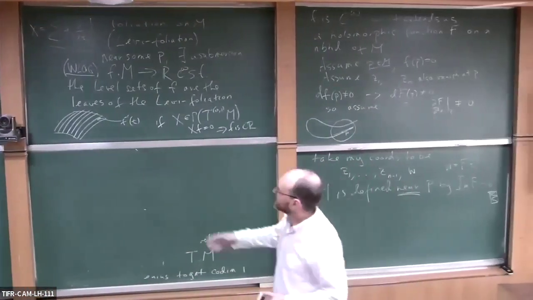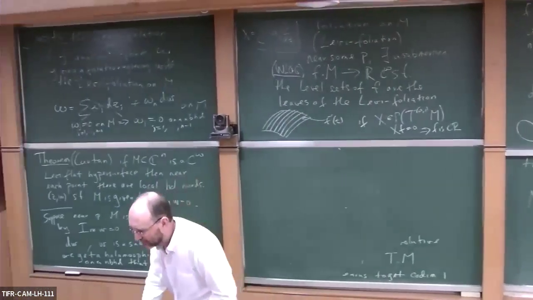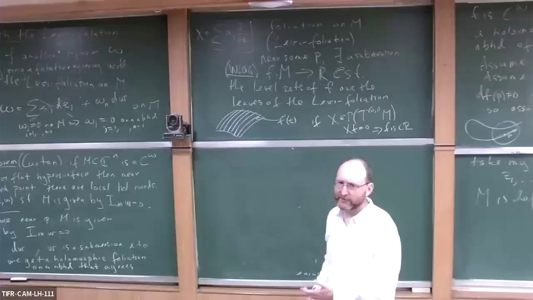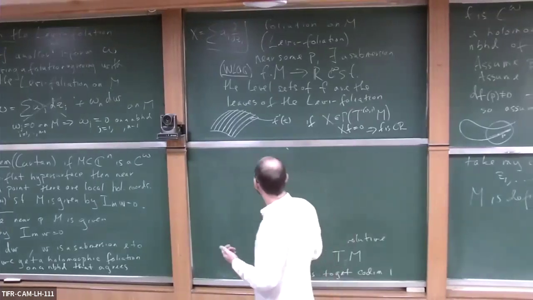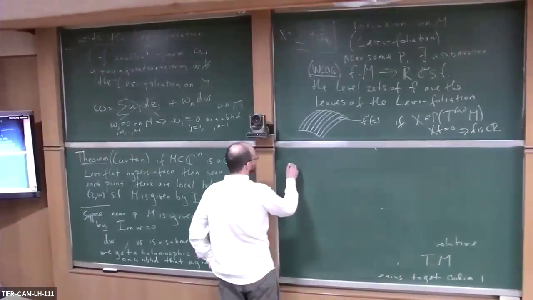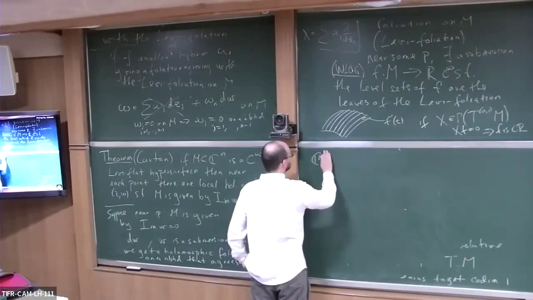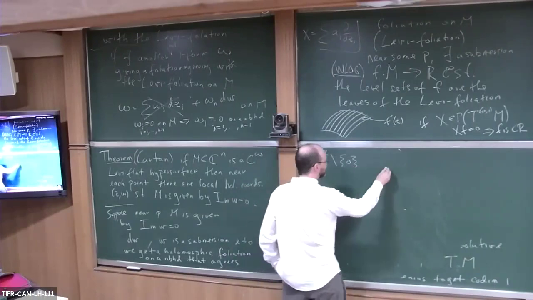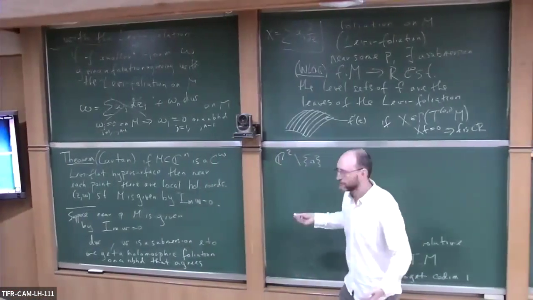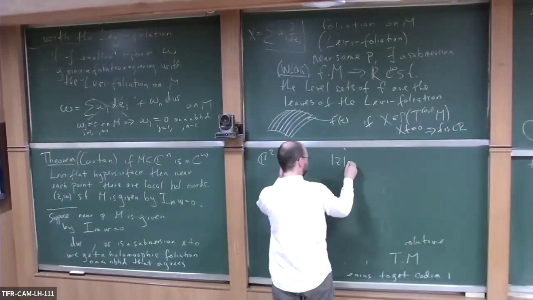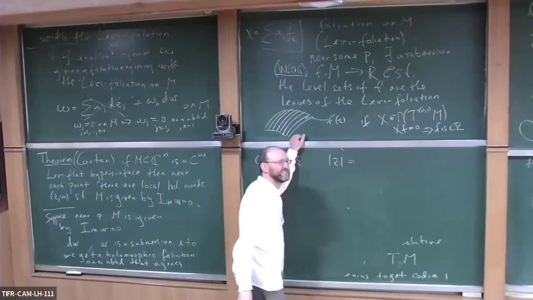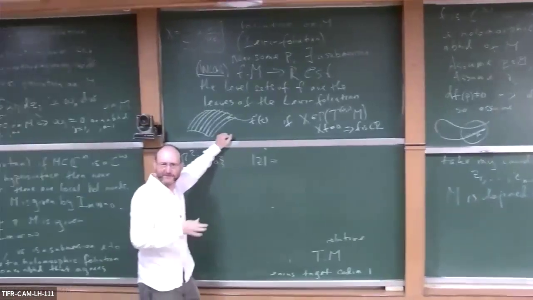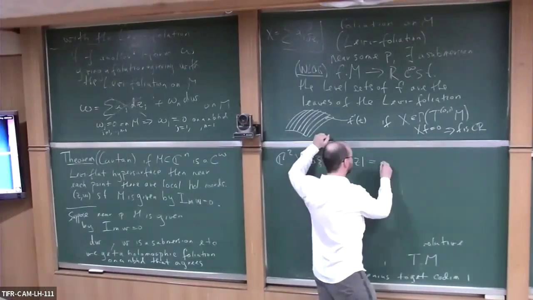You could have a Levi-flat in C2 minus 0, with Z and W. There's this example, I think by Webster or Bedford, one of these guys; I can't remember now.